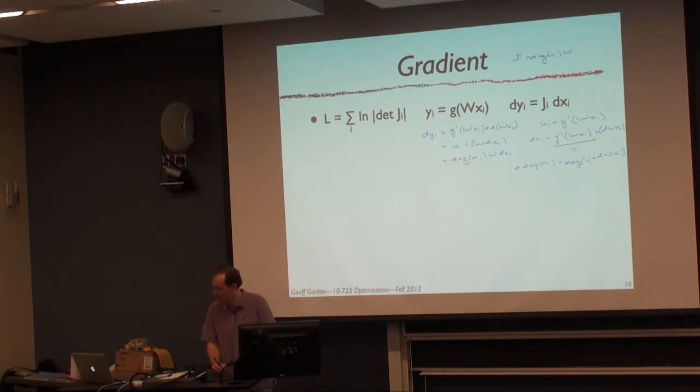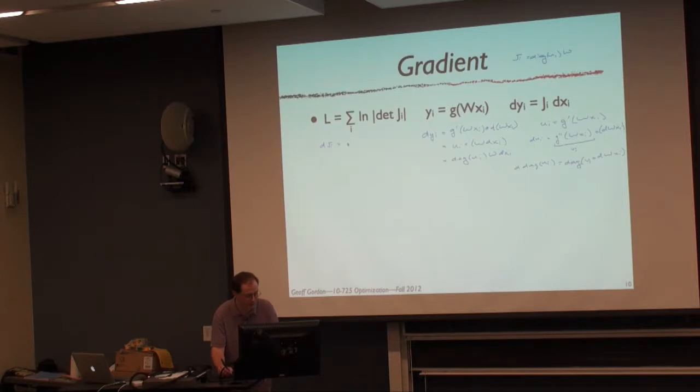So now I think we can finally take the differential of the Jacobian. I'll write that here, dJ_i, with respect to W. And that is equal to, well, here's our expression for J_i, and it's a product, so we're going to use the product rule.